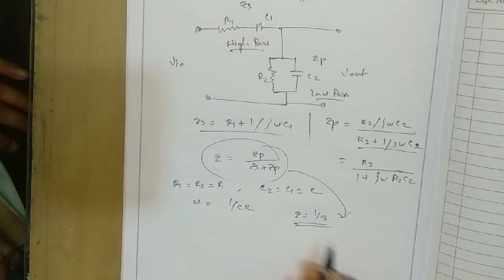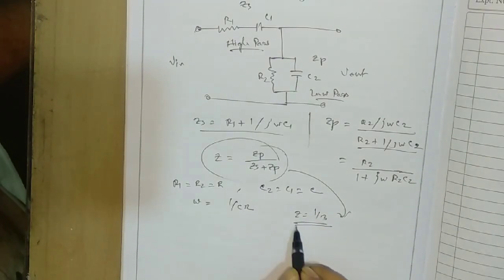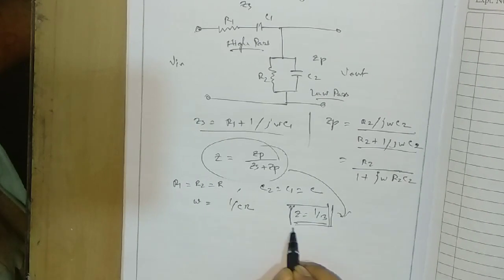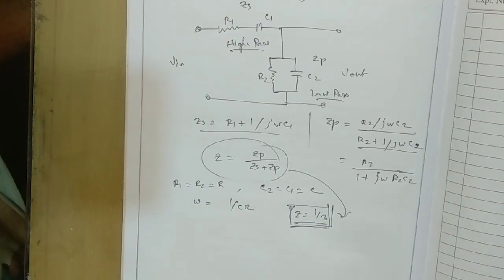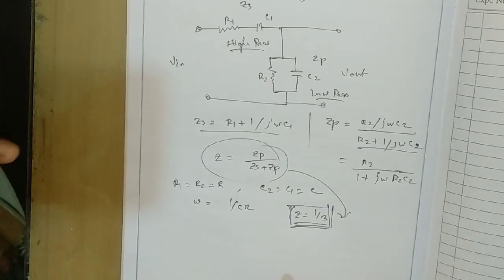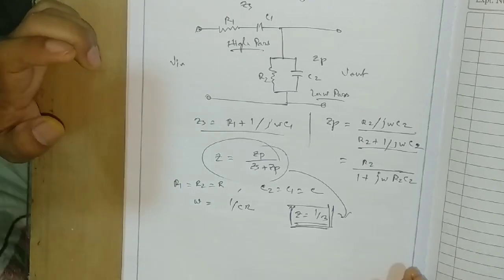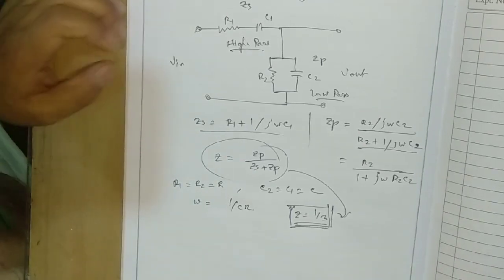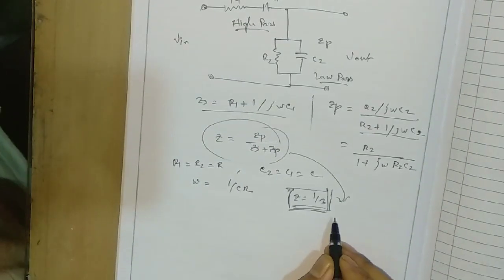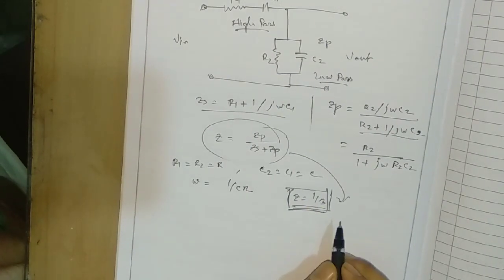Another thing we have to remember is that in this case we have no phase shift from input to output, so there is zero phase shift. So we need an amplifier which will give zero phase shift from its output to input, and an amplification factor of at least 3.